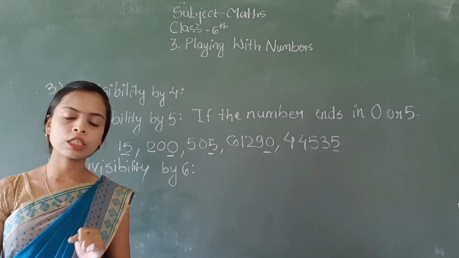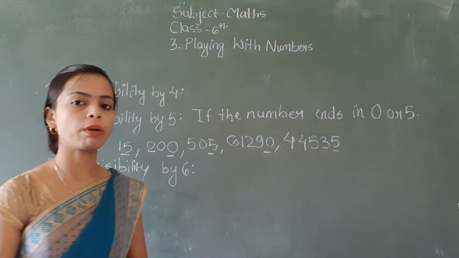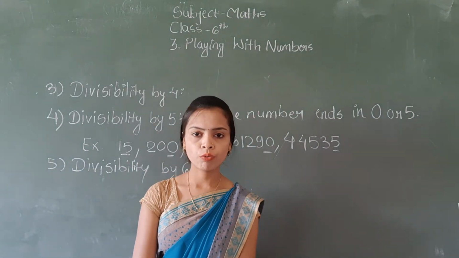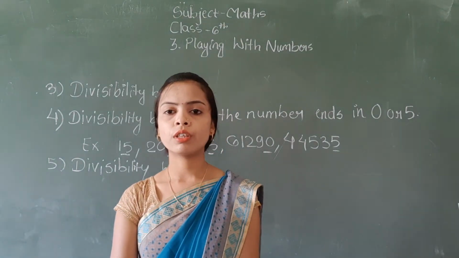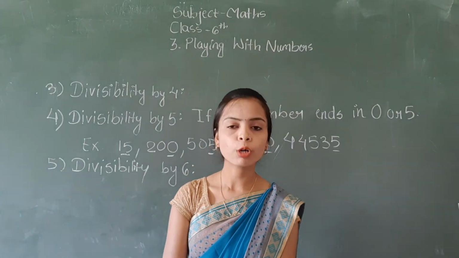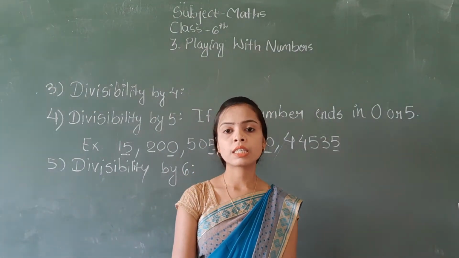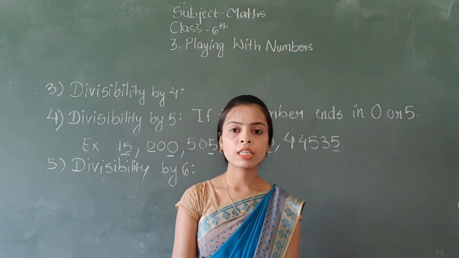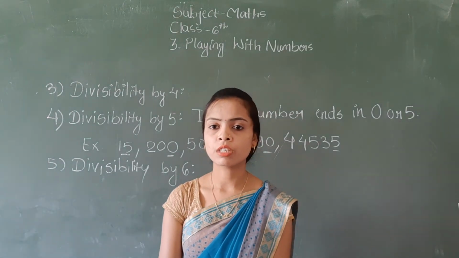And what is the divisibility by 3? If we add the digits of a given number and the sum of the digits is a multiple of 3, or we can say the sum is exactly divisible by 3, then we can say that the given number is divisible by 3.